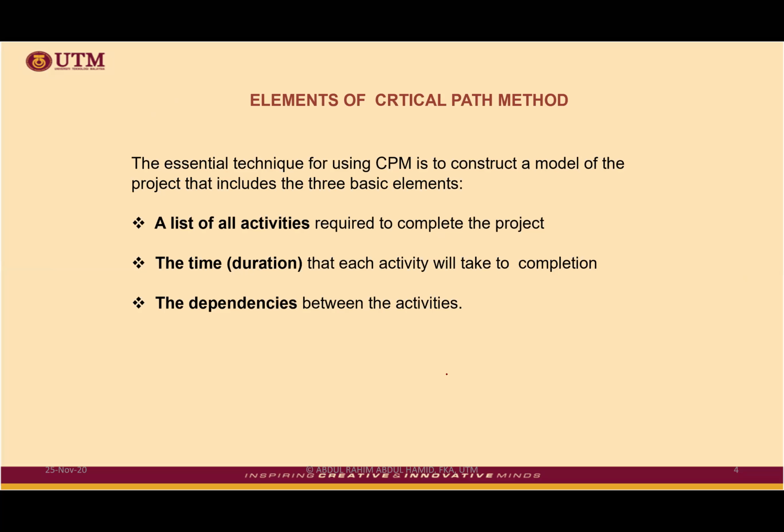Okay, essential technique for using CPM, or in our case, we want to develop a network diagram, so-called. For sure, we must have list of activities. How do we get list of activities? From our WBS. Okay, WBS, work breakdown structure. We break down the work into small portions, so that we can attach quantity to those small work.